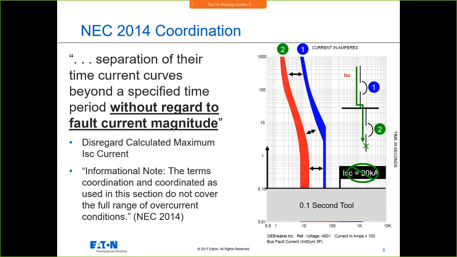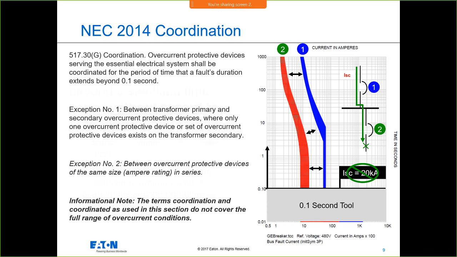It is the overload region of the trip curve, but you could have fault currents down in that region. In that case, you would selectively coordinate anyway. But in any case, that's basically how you achieve selective coordination in 517.31G as per the 2020 code, but in the 14 code, it was 517.30G.